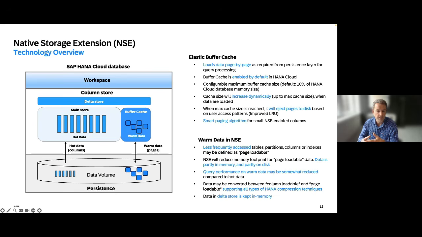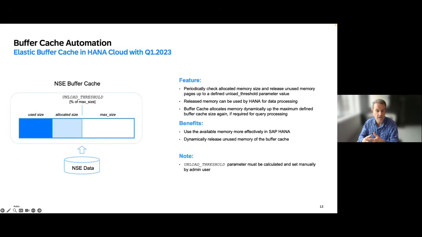In the next slide, you can see a feature that we introduced 2 years ago. So it's also not new, but this unload threshold parameter allows HANA Cloud to release memory from the buffer cache to the temporary workspace for statement processing or other resource usages in the instance as such.